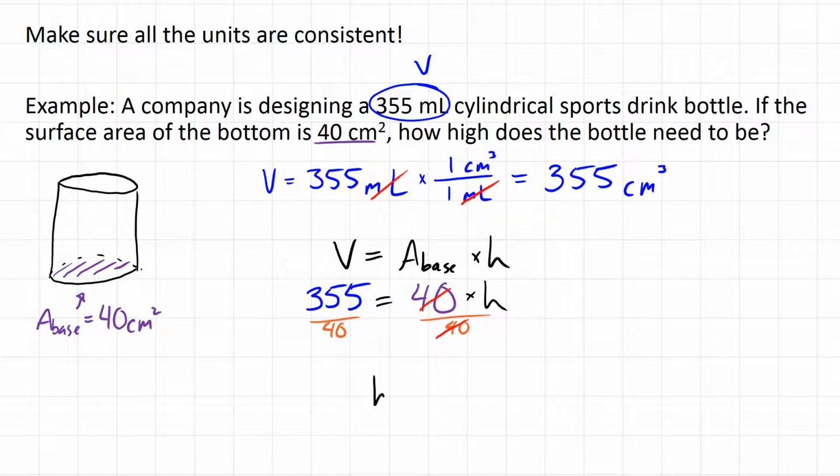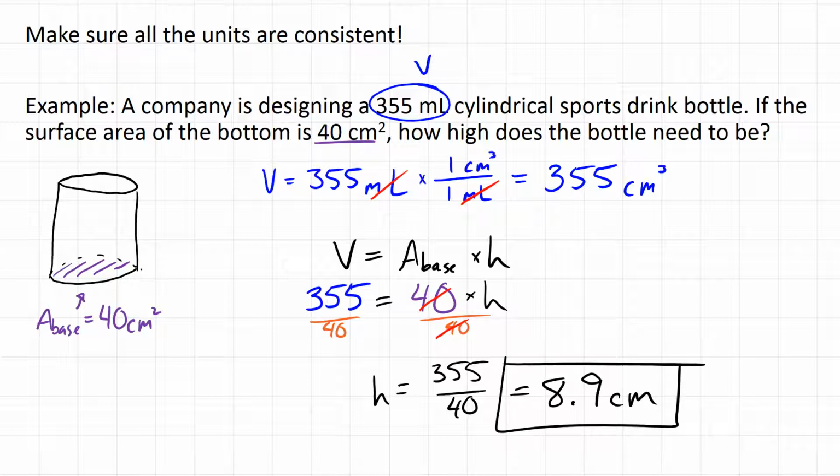Leaves me with the height is equal to 355 divided by 40. That's 8 point, and I'm going to have to round to, let's say, 1 decimal place, 8.9 centimeters. Because all my volume and area measurements were in cubic centimeters and square centimeters, the length or height that I get out is going to be in centimeters.